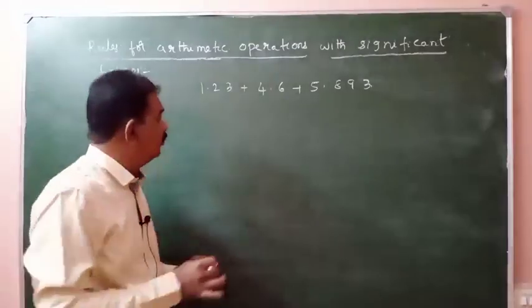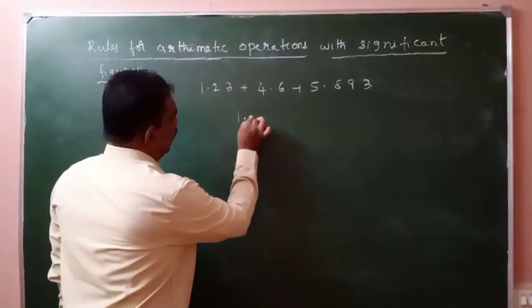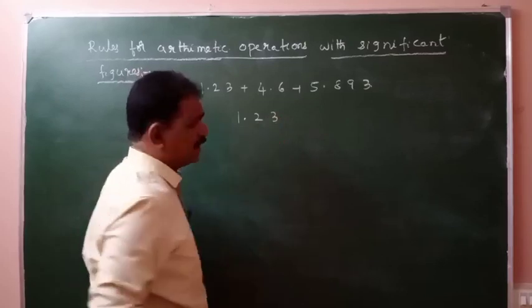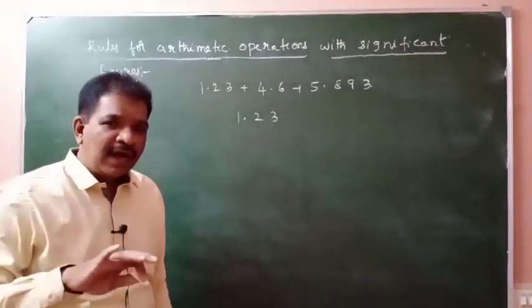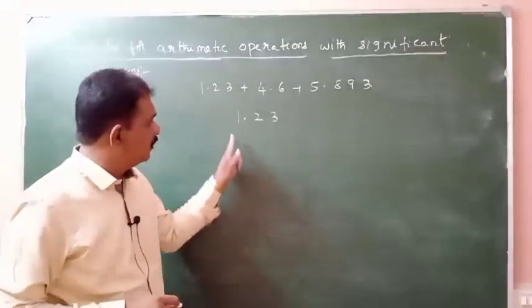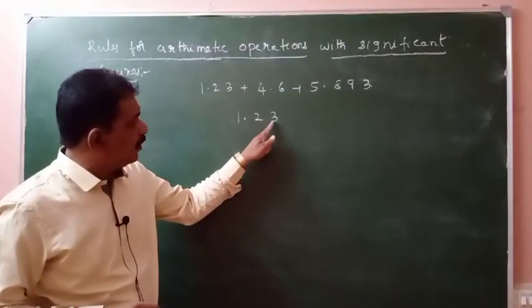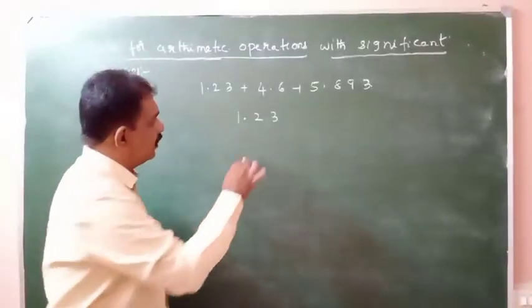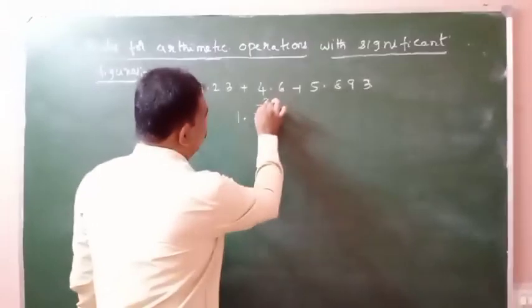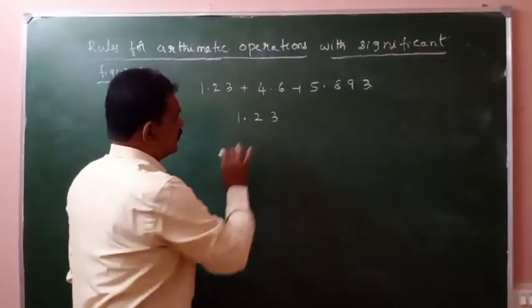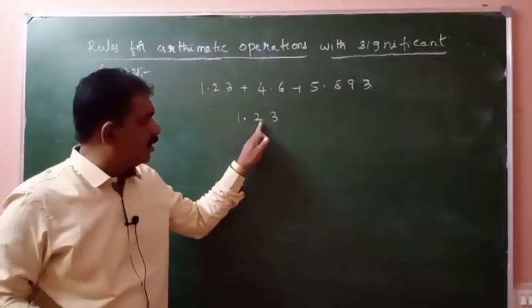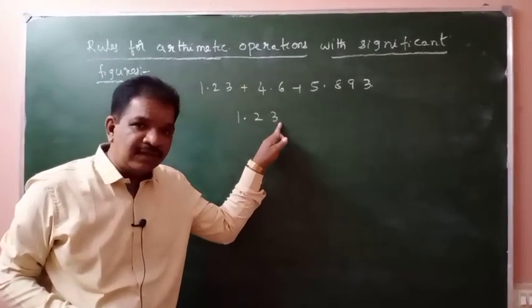What we have to do is identify the number of significant figures after the decimal point. After the decimal point, here how many are there? 2 significant figures are there. The point is clear. After decimal point, how many significants are there?